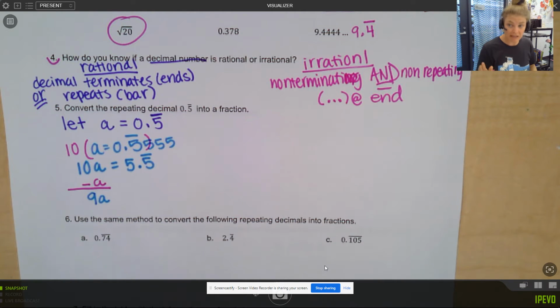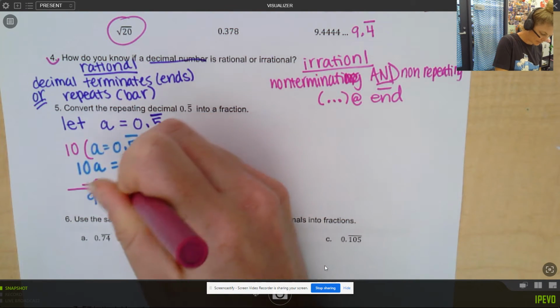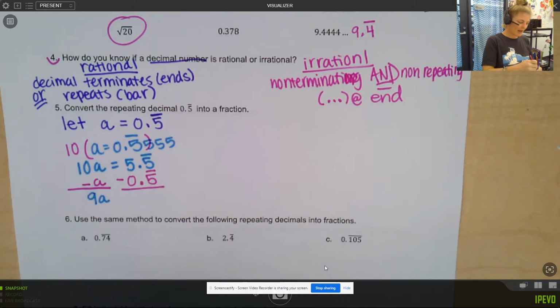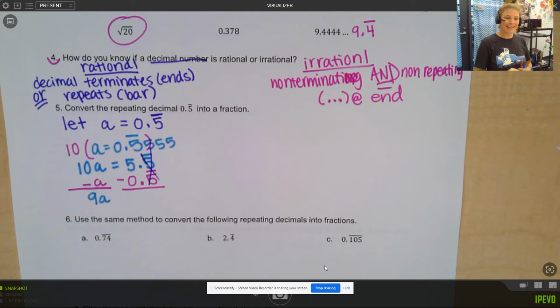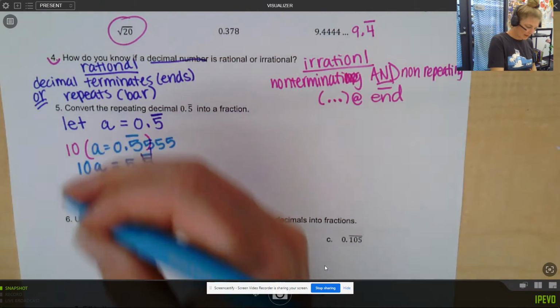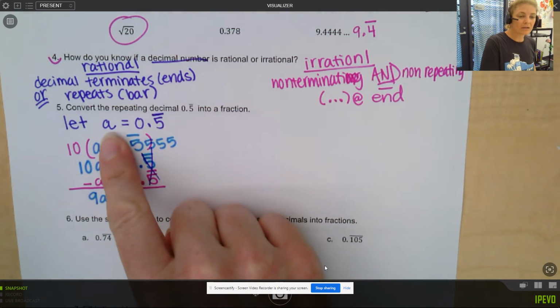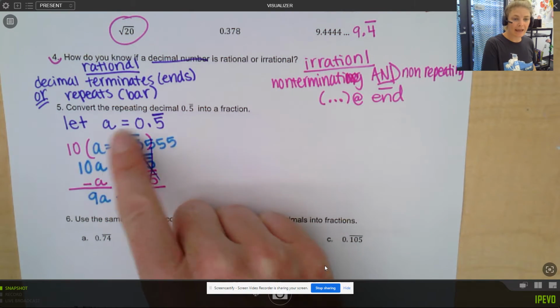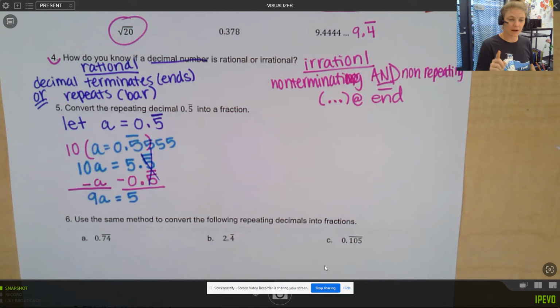Line up your decimal point. Can't stress this more because they're going to get harder. Line up your decimal point, 0.5 repeating, and we're subtracting. And oh my golly, look at that. The repeating decimal part cancels out, and we're left with 5. But remember, we are still solving for a, because a is equal to 0.5 repeating, and I want to know what 0.5 repeating is as a fraction.